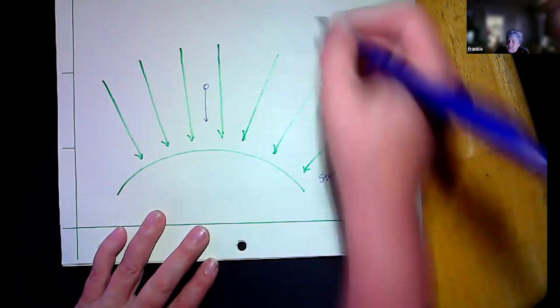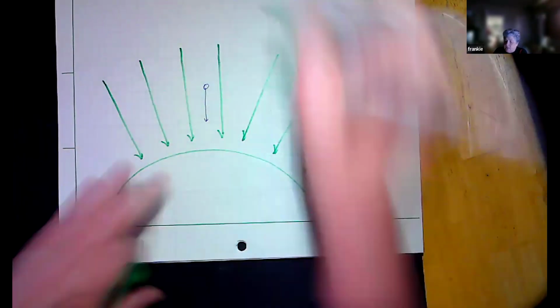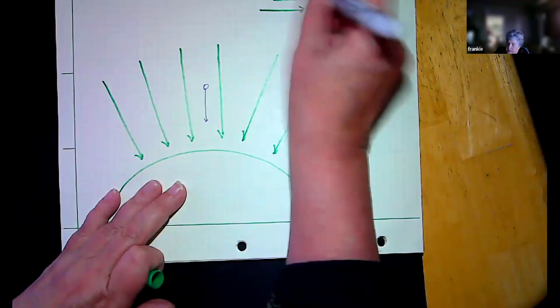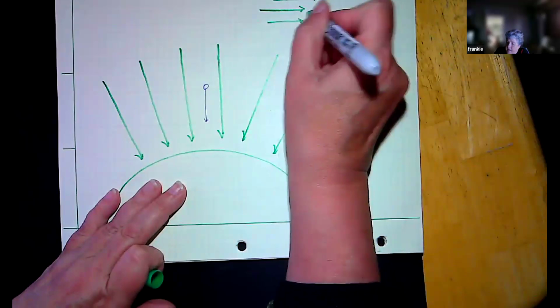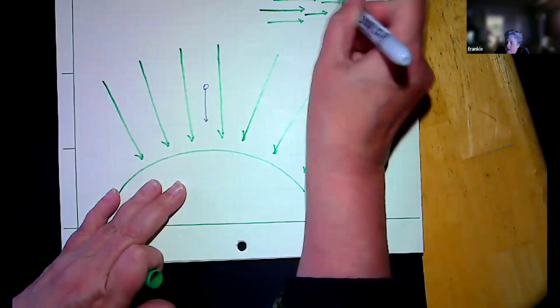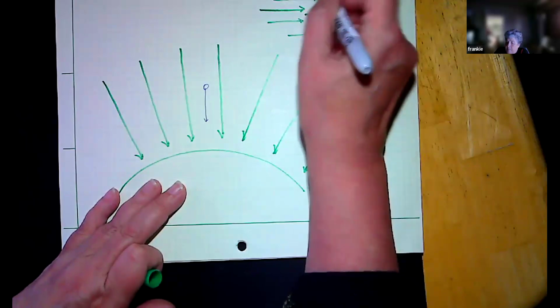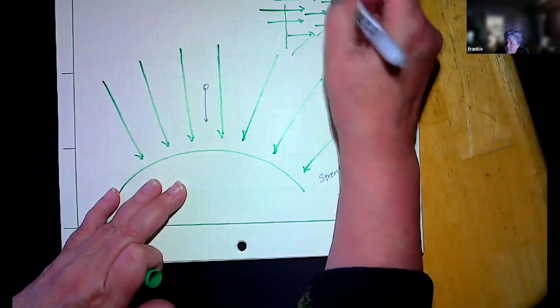But now let's think about how we can envision these field lines. If I'm away from my sphere, whether that's a gravitational field or a magnetic field or an electric field, I can look at this and I can put in a plane here.